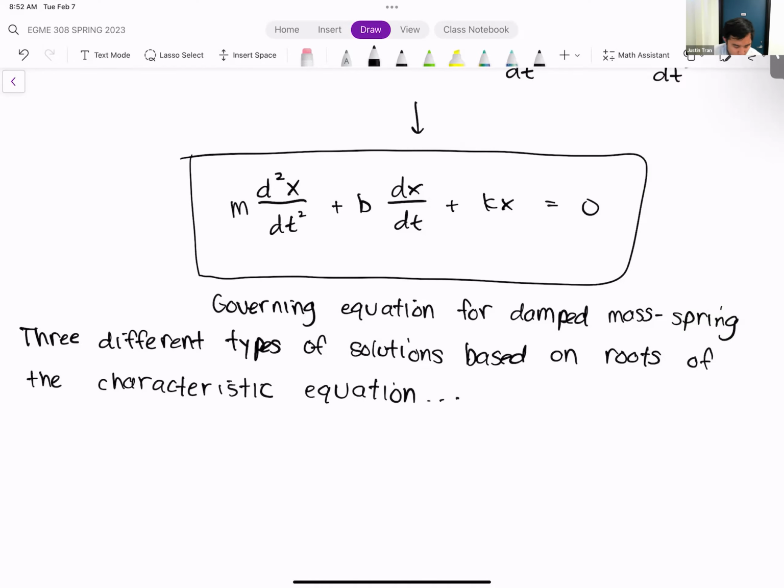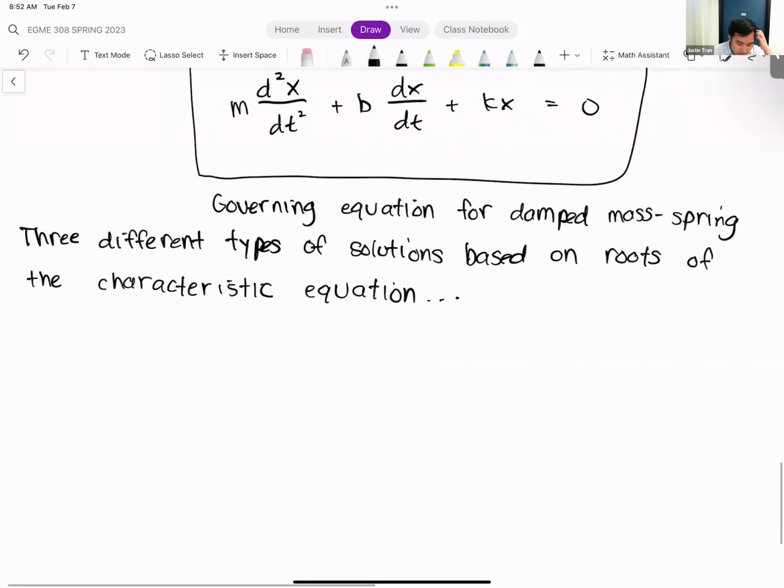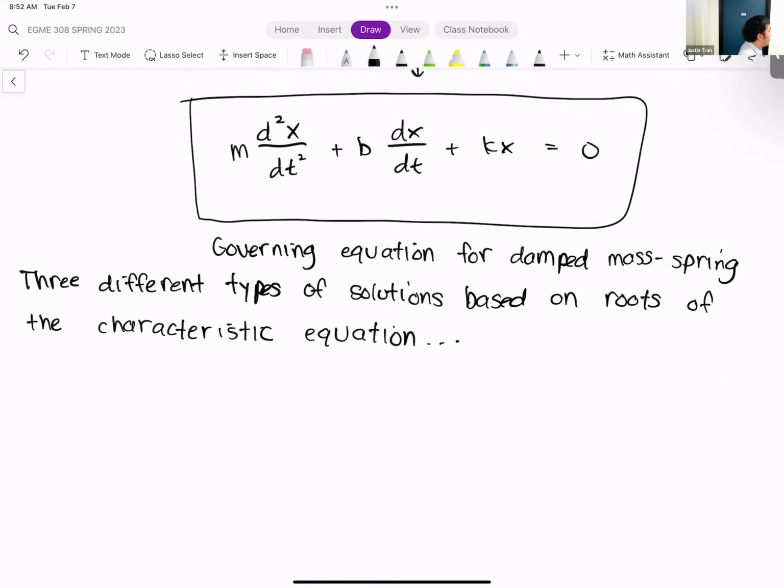Just like any second order differential equation, this is a homogeneous system. We're going to form the characteristic equation, and based on the roots of that equation, we're going to have three different cases. All right, so let's look at case one.